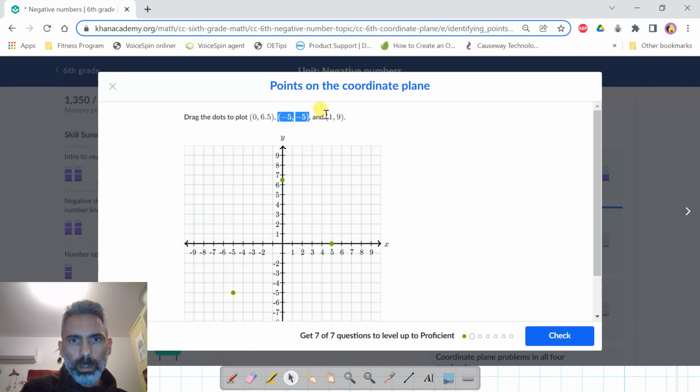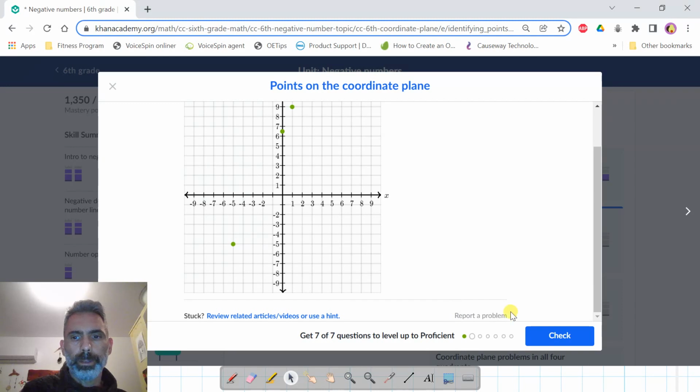The third one, 1 on the x and 9 on the y. Okay. Let's make sure that I didn't make a mistake. 0 on the x, 6.5 on the y, -5 on the x, -5 on the y, 1 on the x, and 9 on the y. Okay.